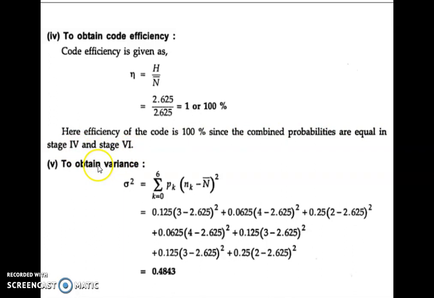And next you have to find the variance parameter. The formula for the variance is sigma square equals summation k from 0 to 6, as 6 is nothing but the value of capital M. Here M is given as 6. Pk into (nk minus average code word length) in brackets, raised to 2.